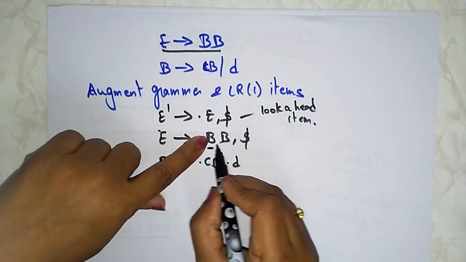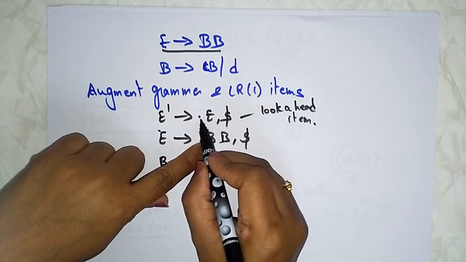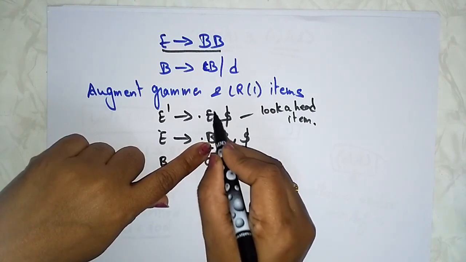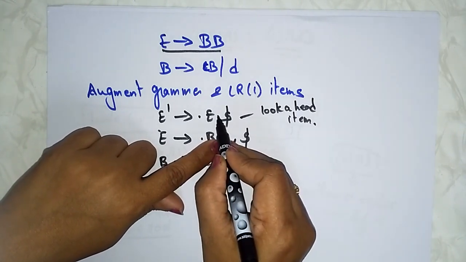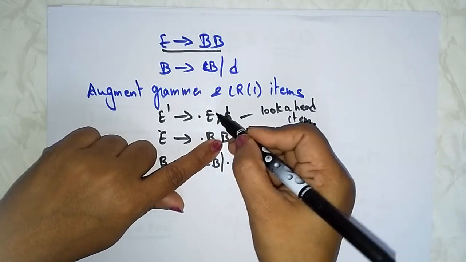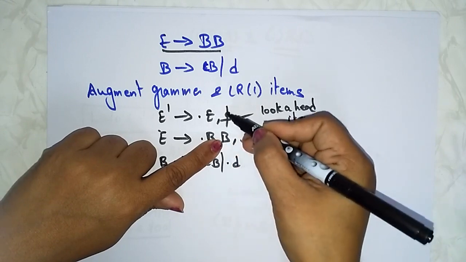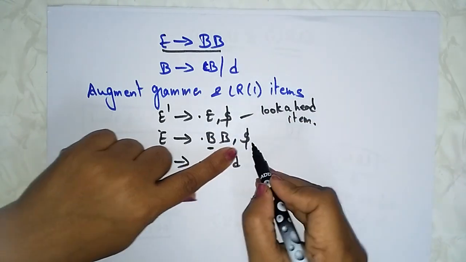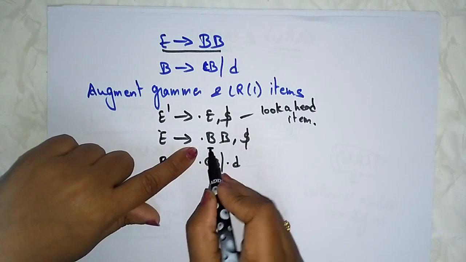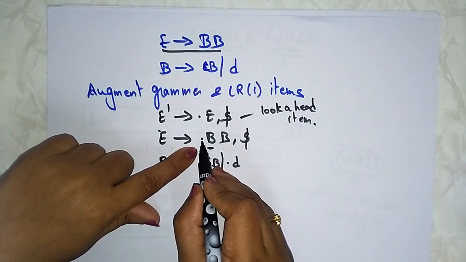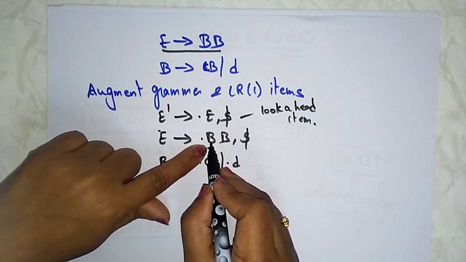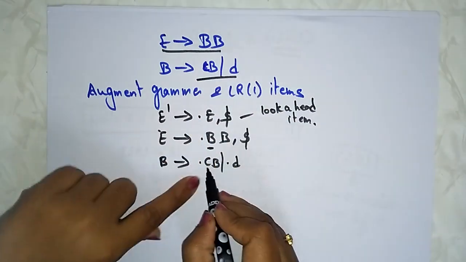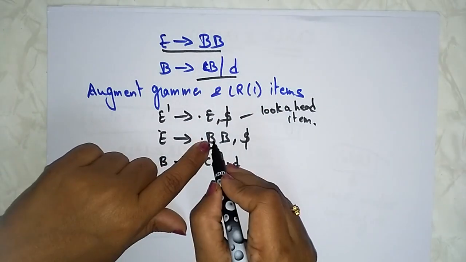Here is a problem. For .E, whatever productions there are for E, you have written everything, and after E there is nothing, so you just copied the dollar. The problem is here: after the dot, B is a non-terminal, so you need to write all the productions of B, which are .cB and .d.